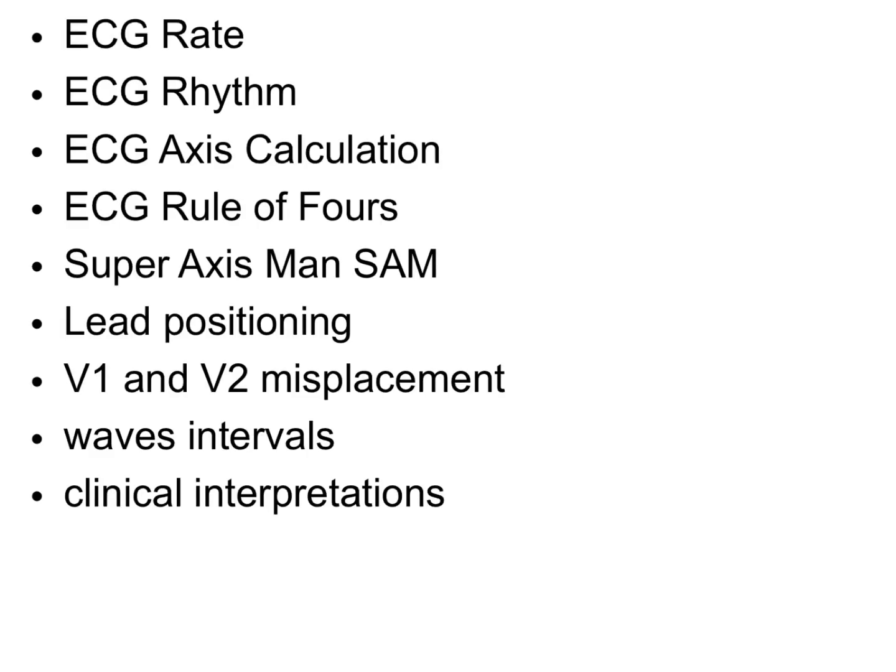I have also laid out the steps we will proceed with in subsequent blogs: rate, rhythm, axis calculation, the ECG rule of four, super axis, lead positioning, waves, various waves and intervals, and in the last, once we understand all these things, we will go on to the clinical interpretation.